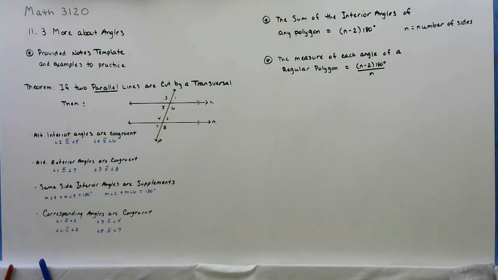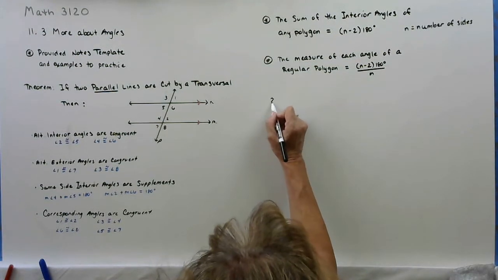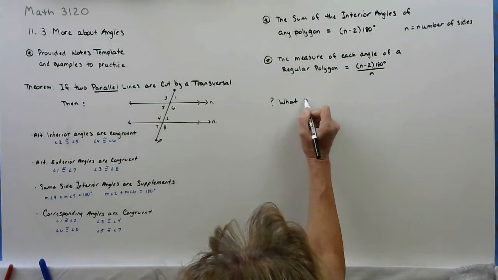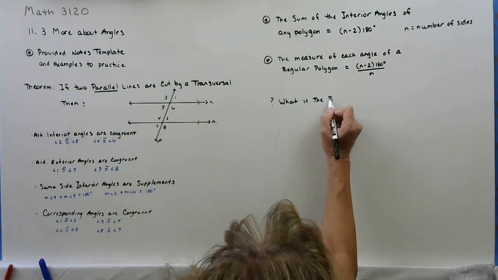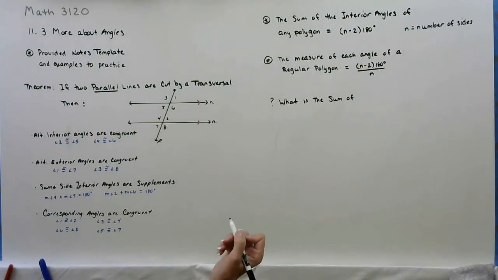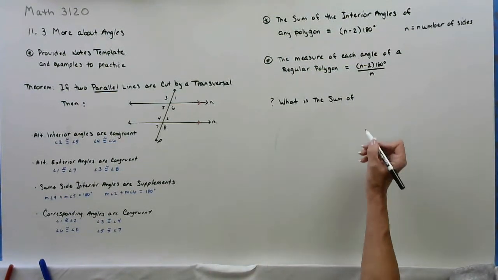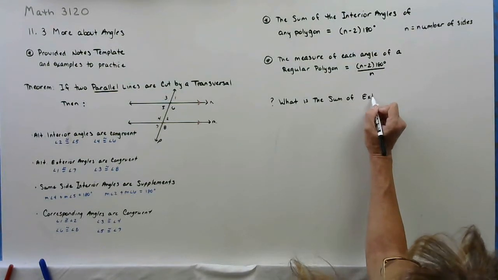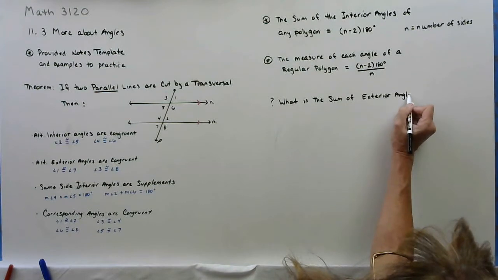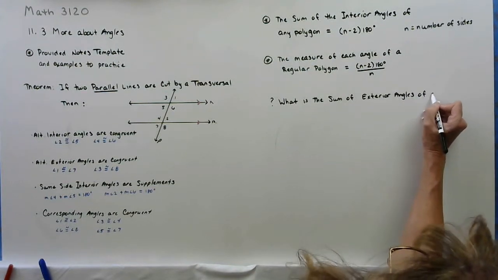Now the question is, what if the angles are exterior? What about the exterior sum? Okay? Question. What is the sum of exterior angles of a polygon?